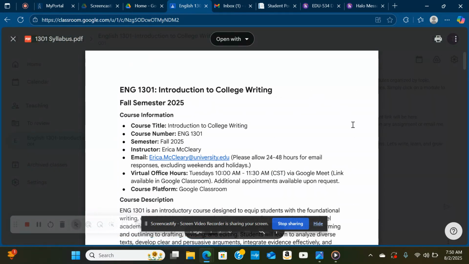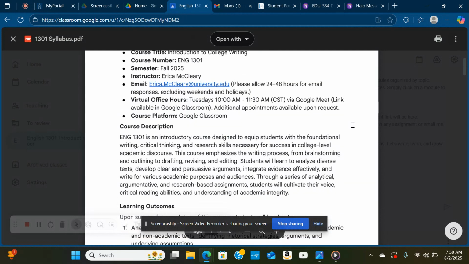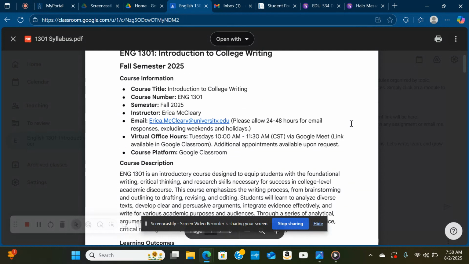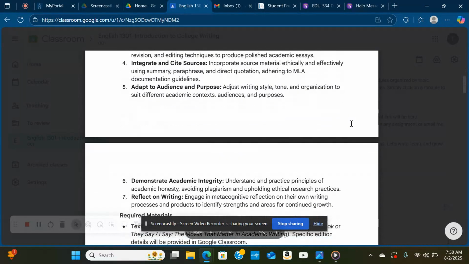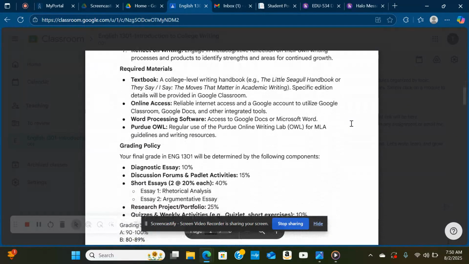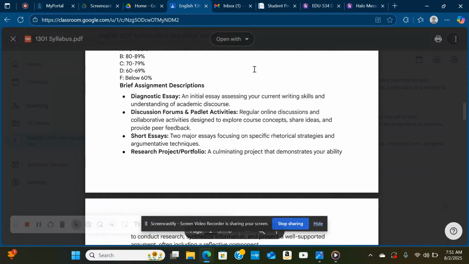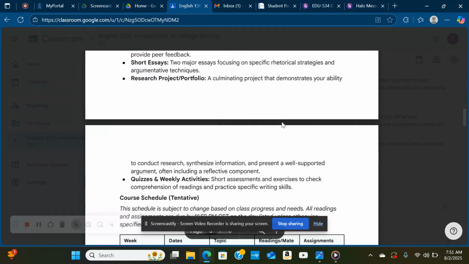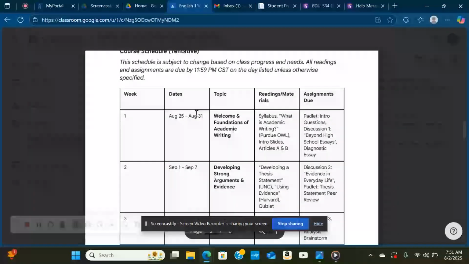Here's the syllabus. It goes over the course description after introduction material, the learning outcomes of the classroom, required materials, grading policy, brief assignment descriptions, so for all the assignments they will have to turn in, then a course schedule, tentative, with each week breakdown, dates, topics, reading materials, and assignments due.